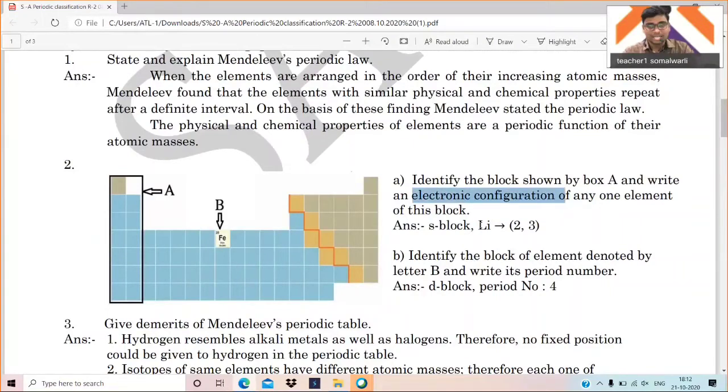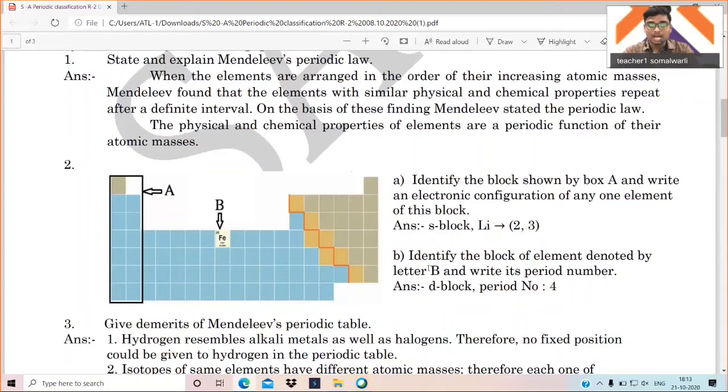Lithium's atomic number is 3, so the electronic configuration is 2, 1. It is a print mistake, so you will say 2, 1. Always remember the electronic configuration is 2, 1. You can take beryllium, hydrogen, or anything. So that is very important.